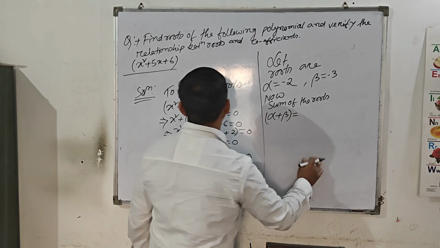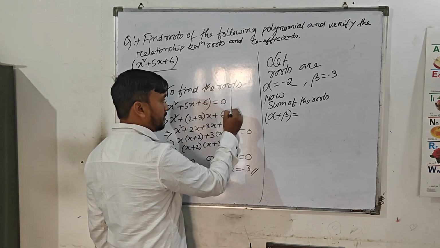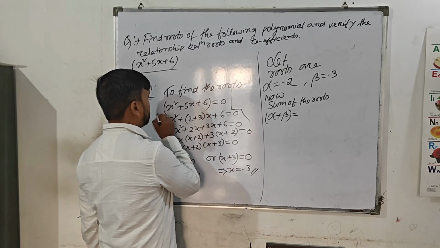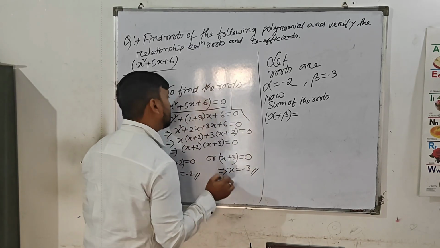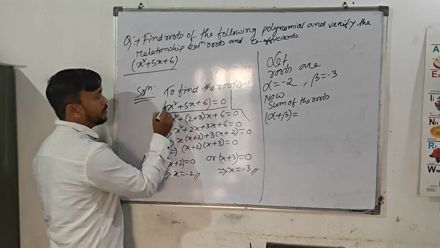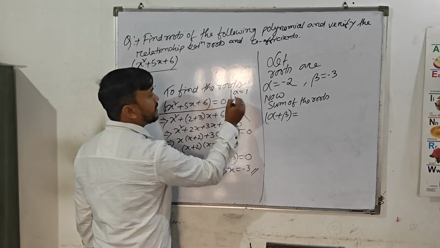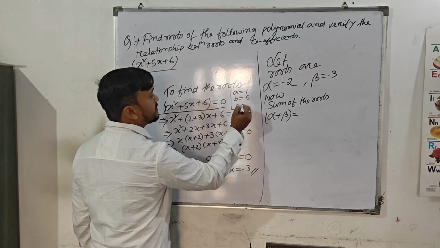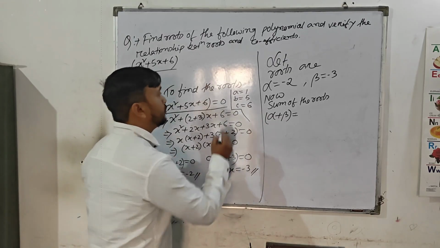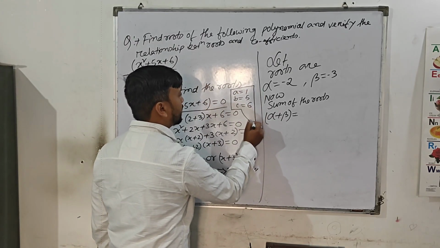One thing you have to write before you start solving the polynomial: in this polynomial, what is the value of a? That is 1. What is the value of b? That is 5. And c is 6. Do not forget to mention them here.